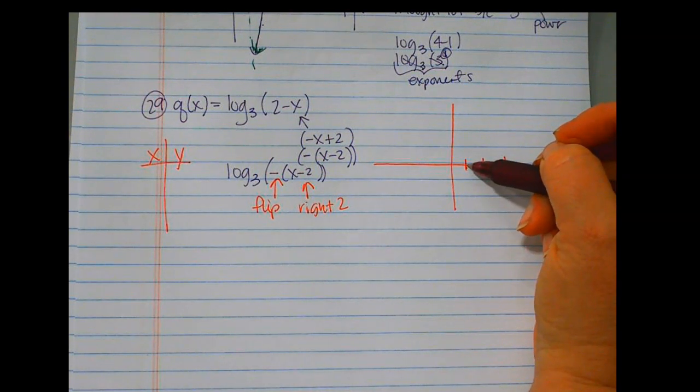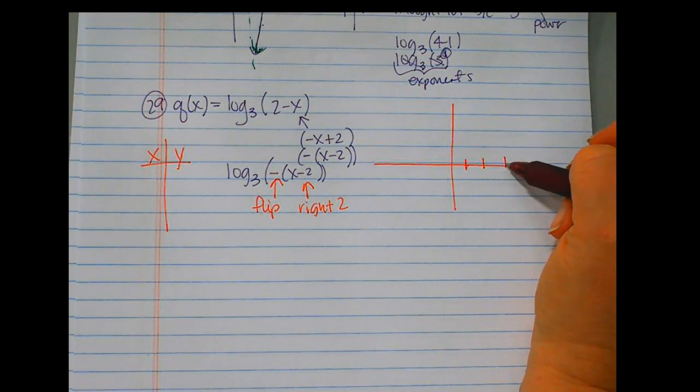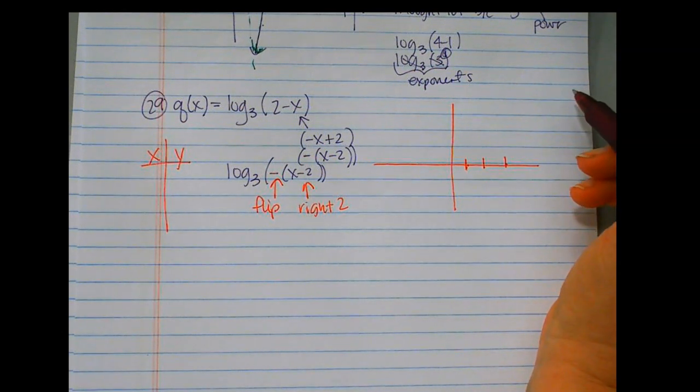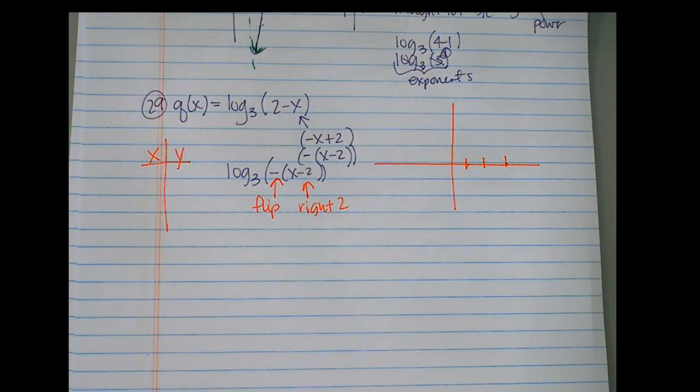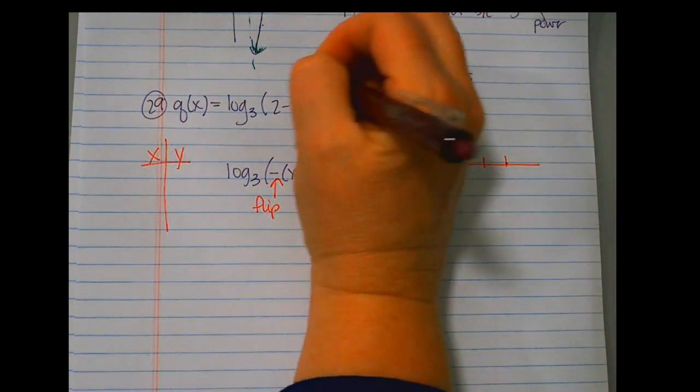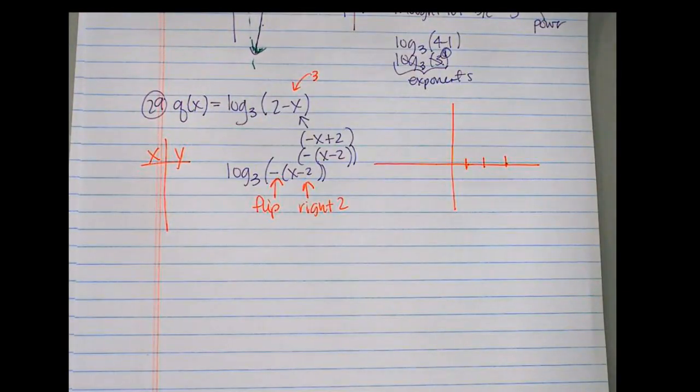Usually they start right here. This one moved right 2, and then flipped. So we have to consider what that is. So what do we do? This is very confusing. Tell me about what I did in the last problem. I thought about ways to make this into things of 3.